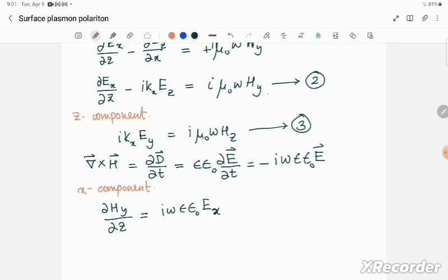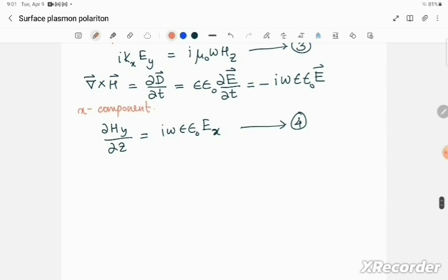This one we will name as equation 4, and then the y component equation turns out to be minus i kx hz is minus i omega epsilon naught ey.